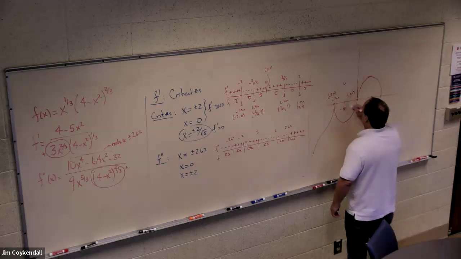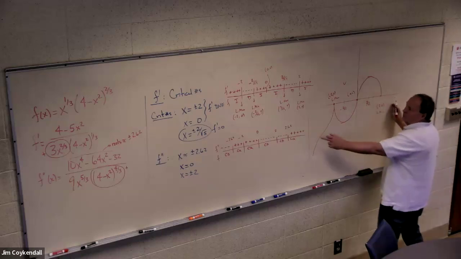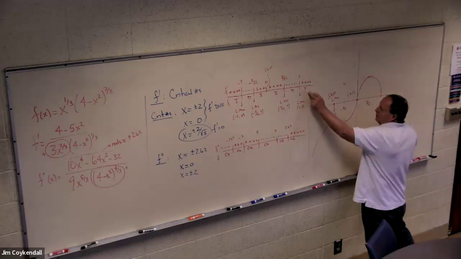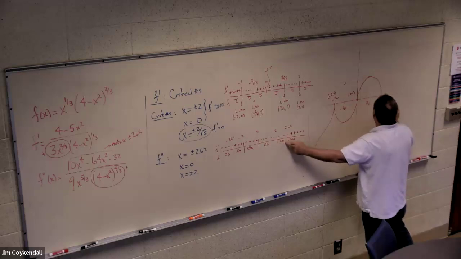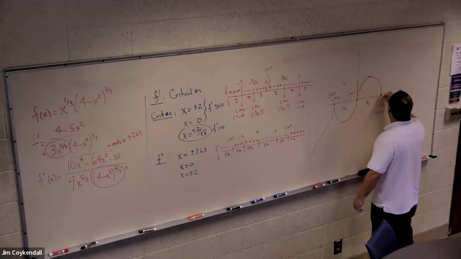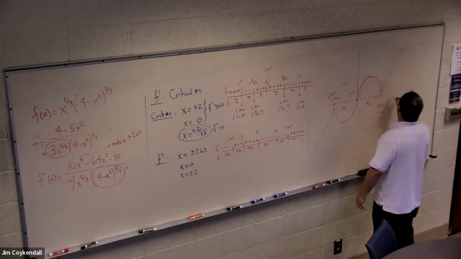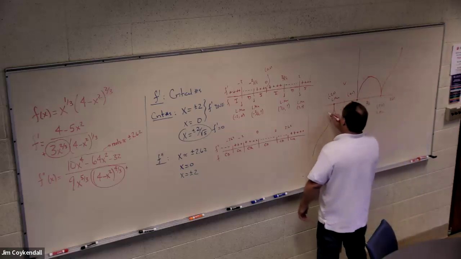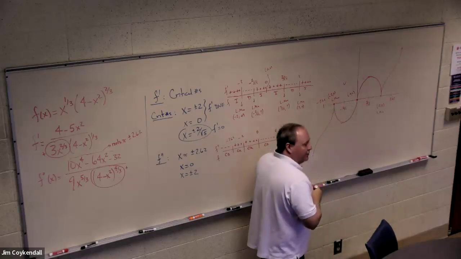There's a horizontal tangent here, both of these. And then after you pass through 2 here, you're always increasing from now on, and you continue unhappy for a little while, within the exam. So that's about as good as I can draw that.